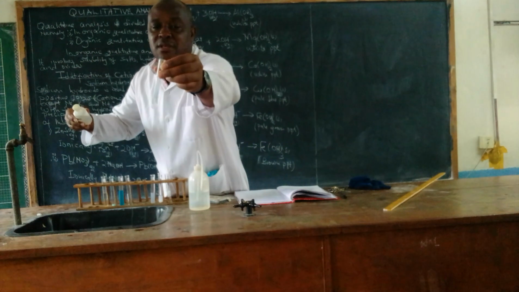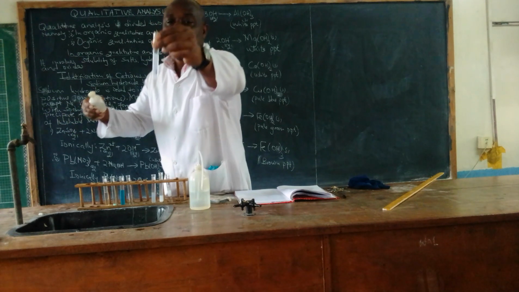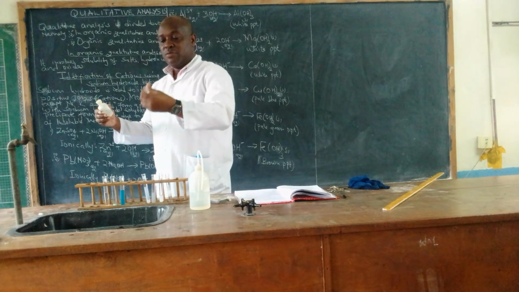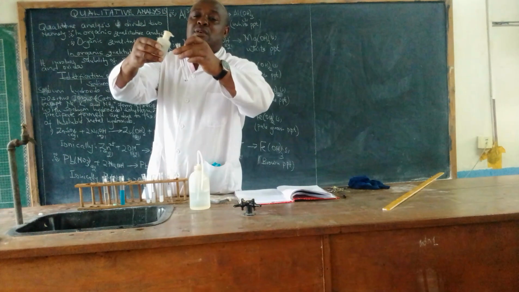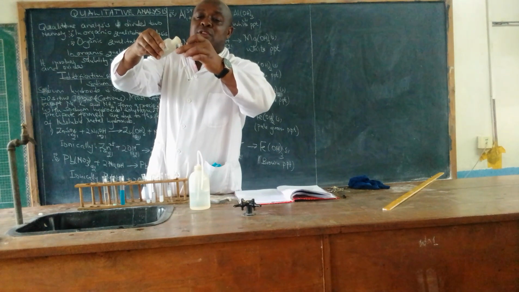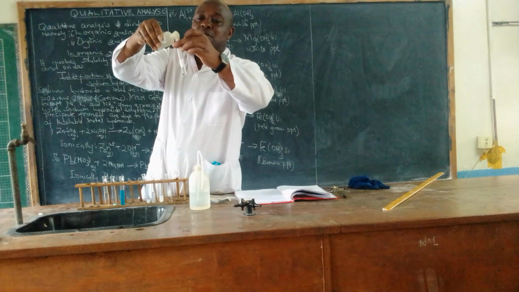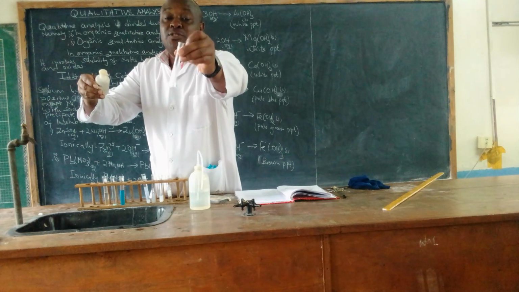Then we go to calcium ions. We put a few drops of sodium hydroxide again. You see, a white precipitate is also formed.